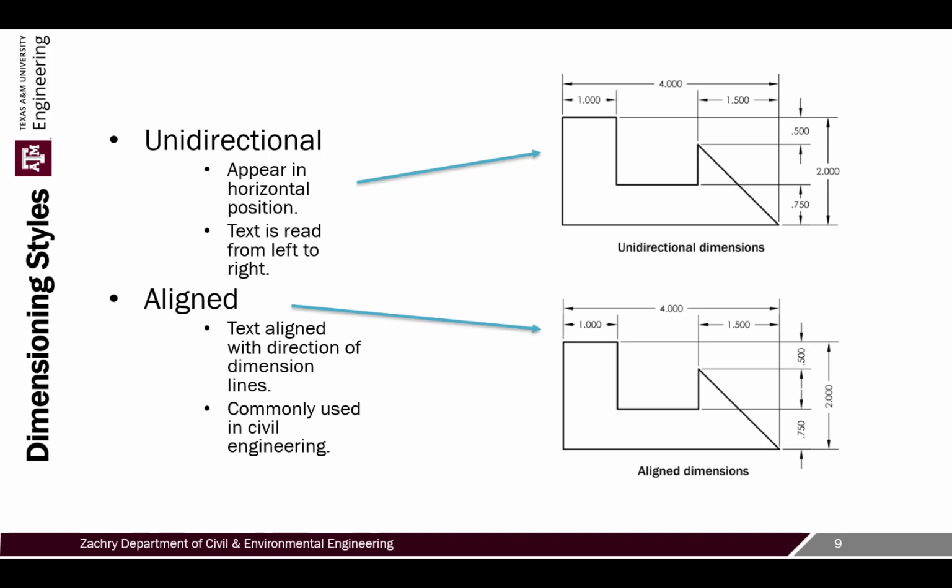And then you have aligned dimensions. You will see this a lot with ISO designs, but you'll also see this with civil and architectural designs. And the text is aligned in the direction of the dimension that you're placing. And so this is what you'll see a lot in drawings that we're going to be using.